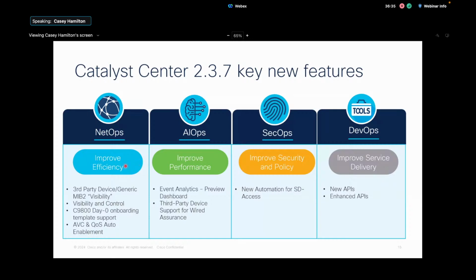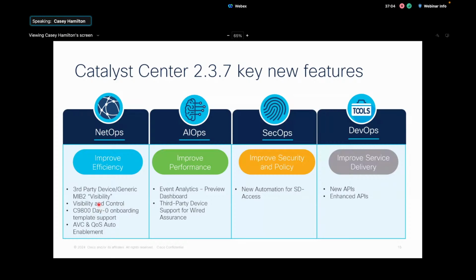So first, we have improved efficiency. We're going to cover third-party device generic MIB2 visibility, which is going to give you a bit more details related to gaining information from a device that is a third-party device in Catalyst Center's inventory. And then also we'll go over visibility and control. And we'll cover the C9800 wireless controller day zero onboarding template support.